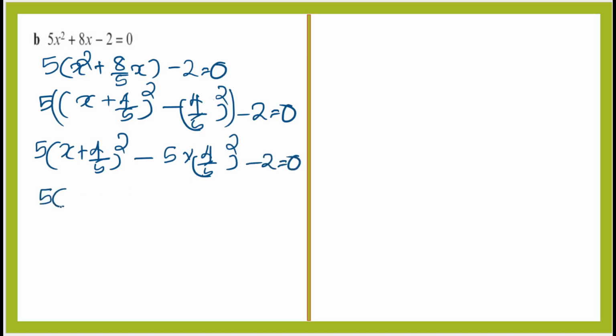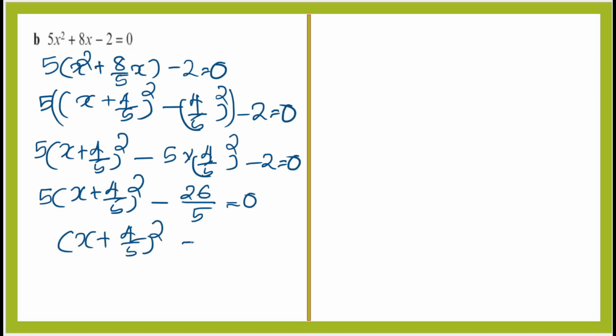That is 5 times (x plus 4 by 5) the whole square minus 26 by 5 equal to 0. (x plus 4 by 5) the whole square equal to 26 by 25.